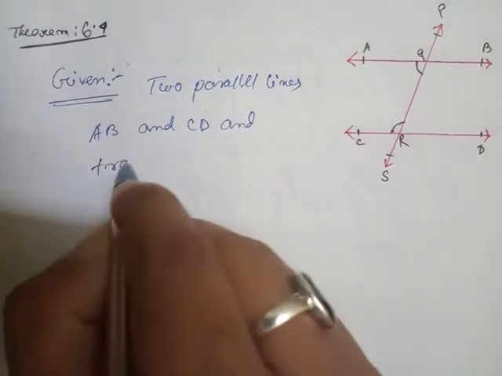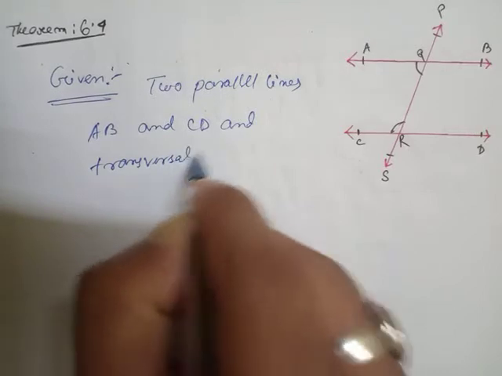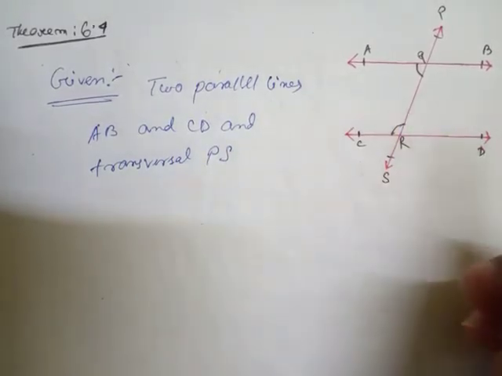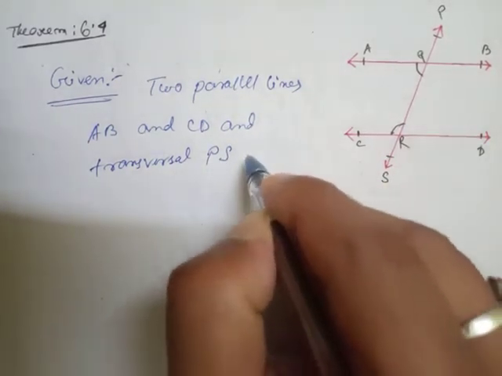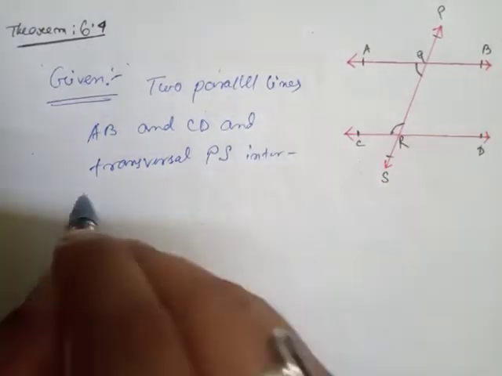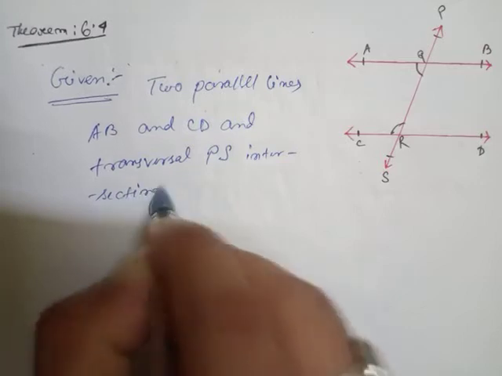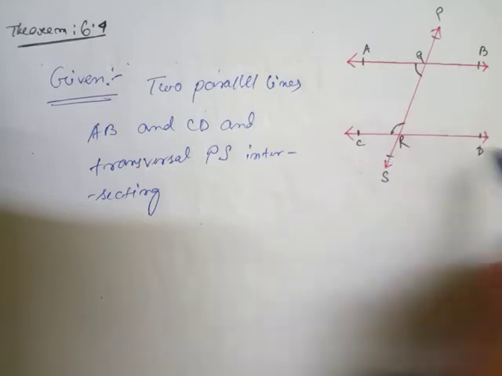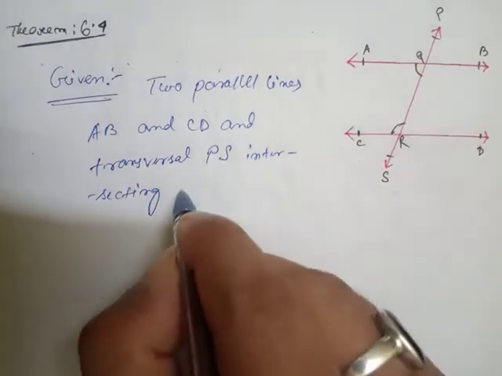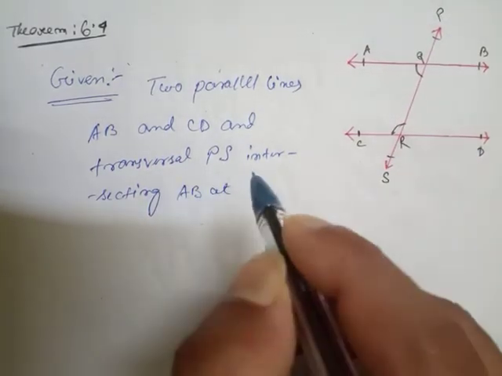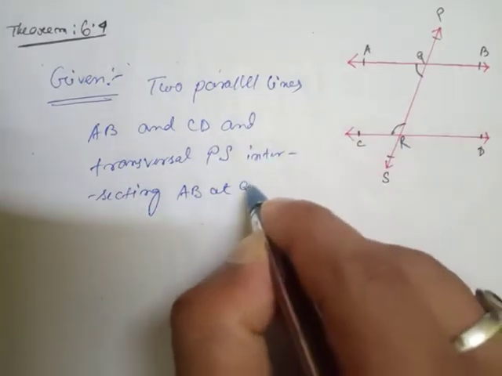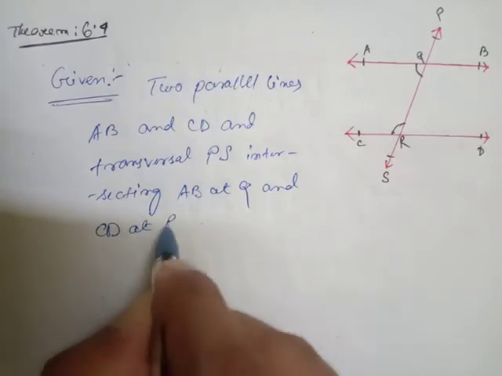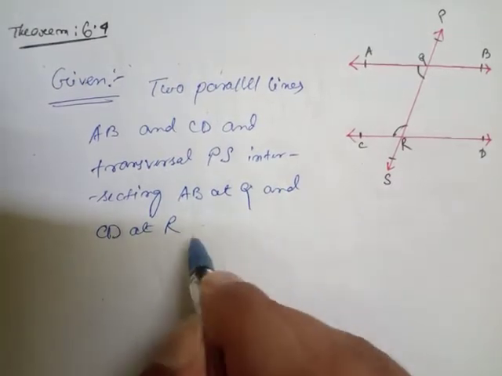So we'll write here transversal PS intersecting these two lines, AB at Q and CD at R. This is the given part only.